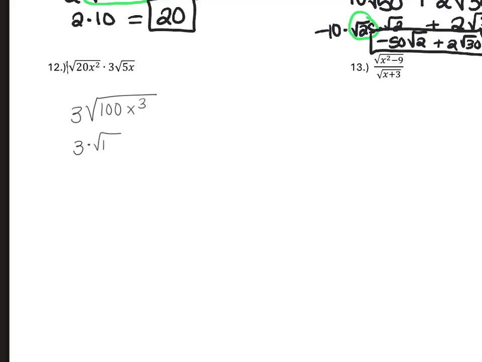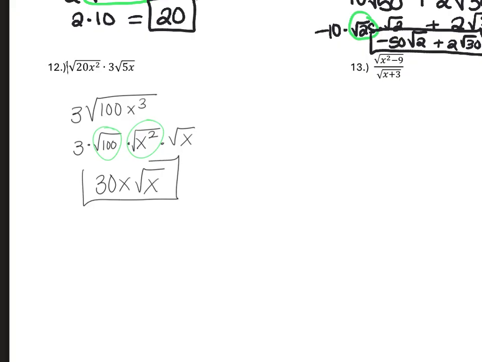Square root of 100, because that's perfect, times square root of x squared, times square root of x. And then, what can we simplify? That's 10. Both of those. 3 times 10 is 30. Square root of x squared is x. And then that square root of x doesn't simplify. So our answer, 30x, root x.